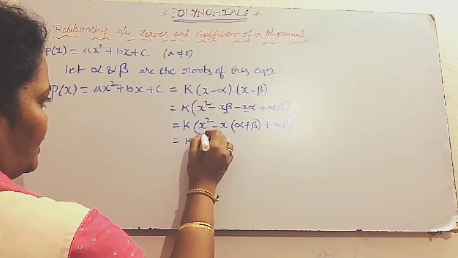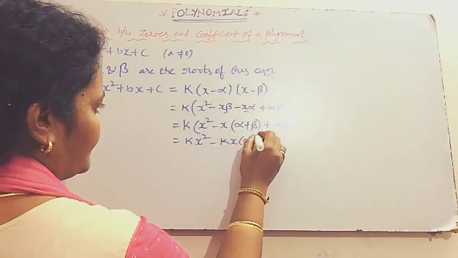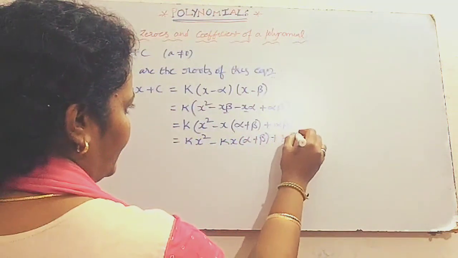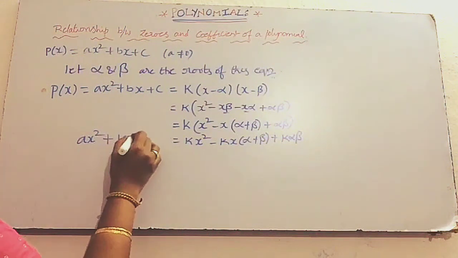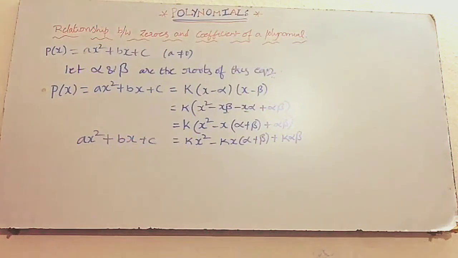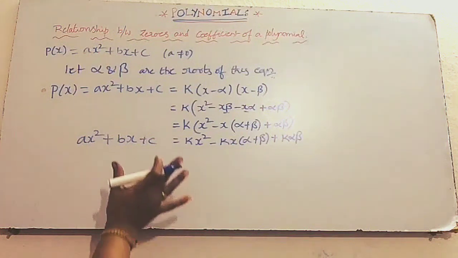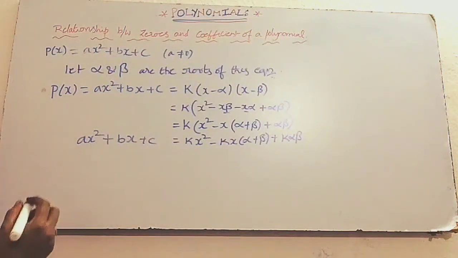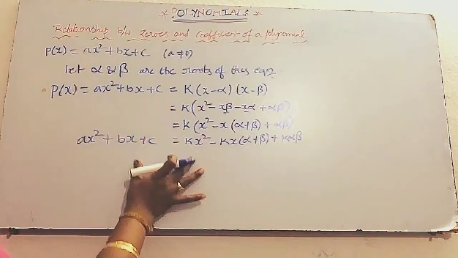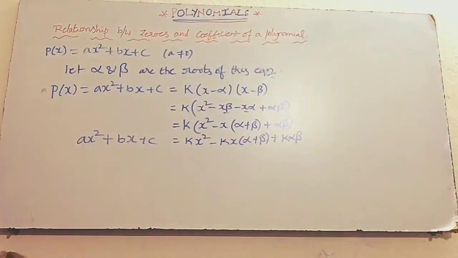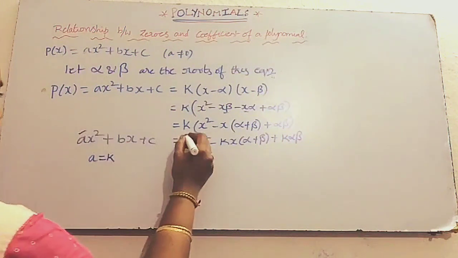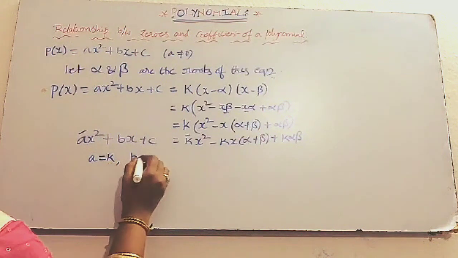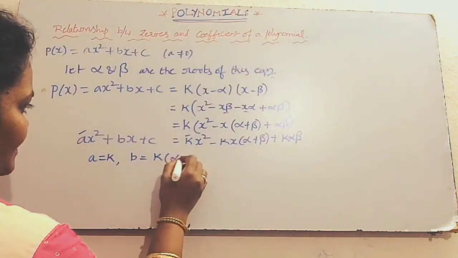Then kx square minus kx into alpha plus beta plus k alpha beta. So now ax square plus bx plus c equals kx square minus kx into alpha plus beta plus k alpha beta. Now we will compare these two equations. So a equals k. And next b equals minus k into alpha plus beta.